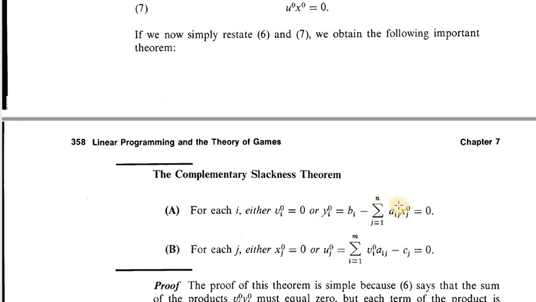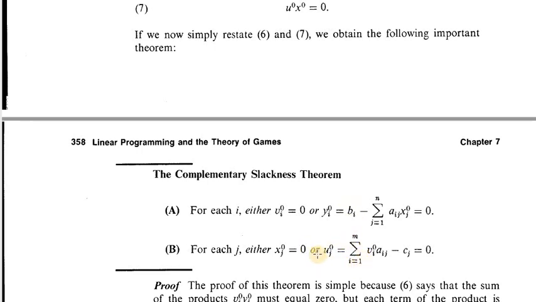In other words, you're only going to do better by increasing the resources if at the maximum solution that resource is fully utilized. If that resource is not fully utilized, then you can add more of the resource without increasing your profit, because you're not using the resources anyway.